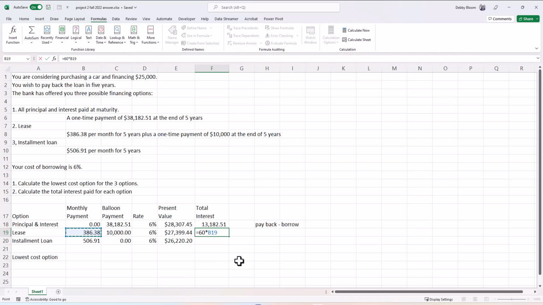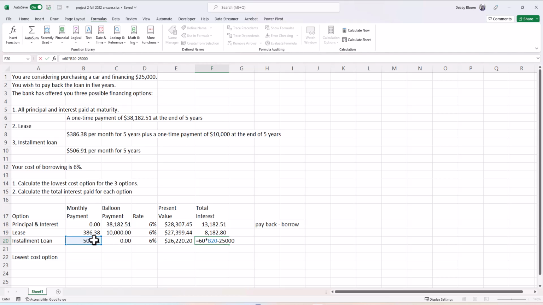For our second loan, we are paying 60 payments of $386.38, so 60 multiplied by the monthly payment. Then we're paying back another $10,000, so I'm adding the $10,000, and we're still borrowing $25,000. So our interest for loan 2, $8,182.80. Finally, for loan 3, we are paying back 60 payments of $506.91, borrowing $25,000.